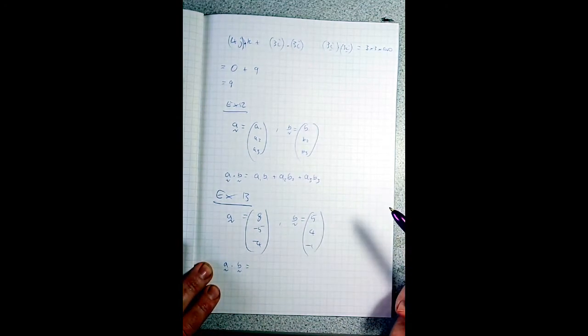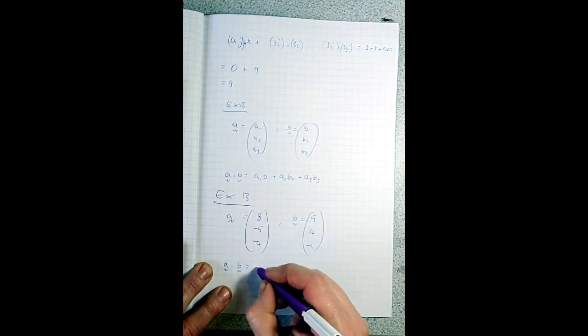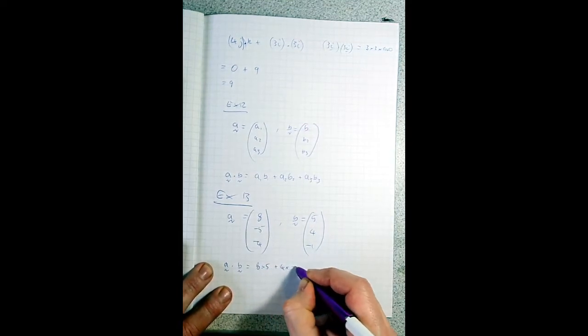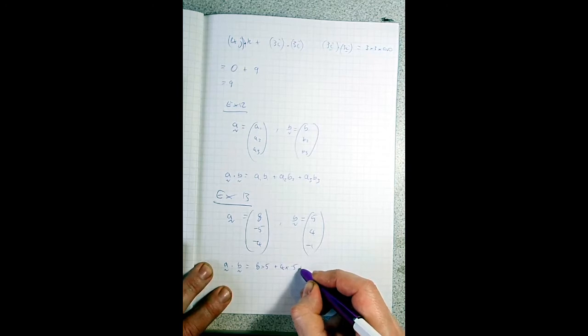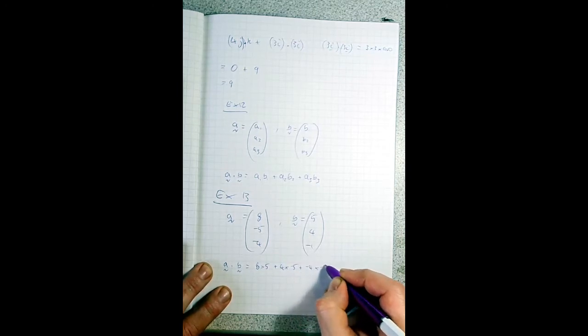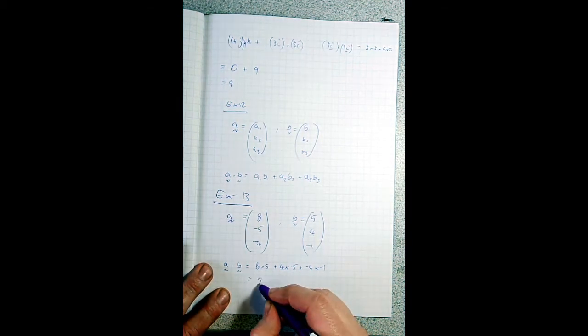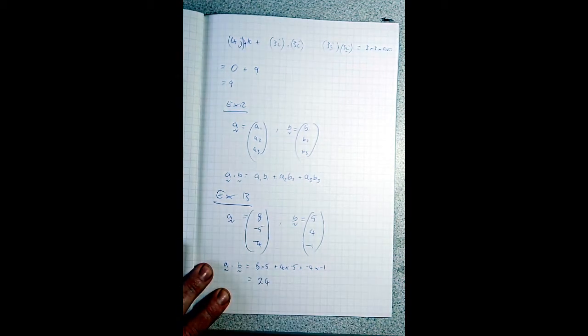But I know A dot B is 8 times 5 plus 4 times minus 5 plus minus 4 times minus 1. Just multiply corresponding elements. 24. Let's turn the page.